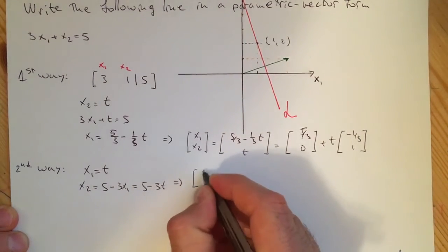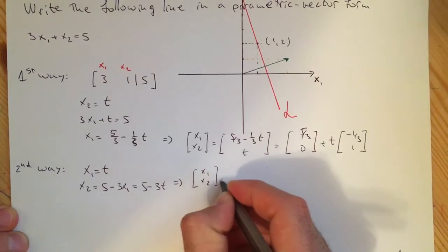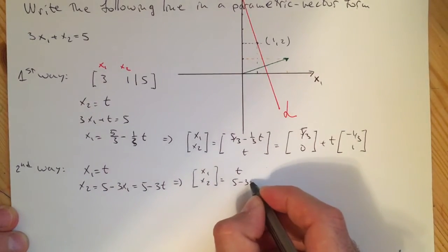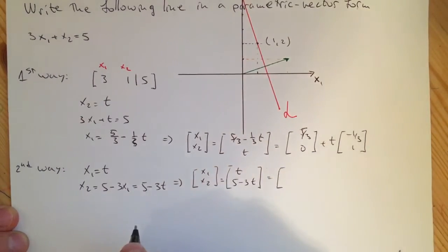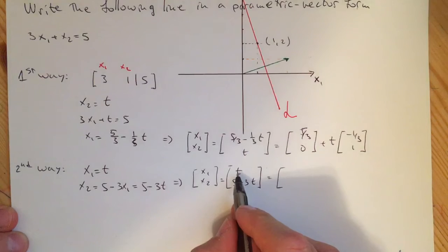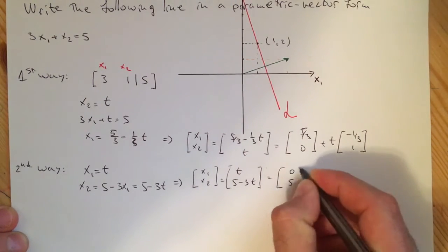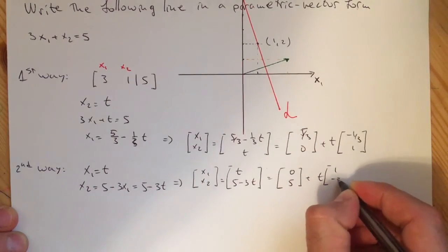In this case, the parametric vector form just becomes t and 5 minus 3t, which is what? Here you have the point 0, 5 plus t times 1 and negative 3.